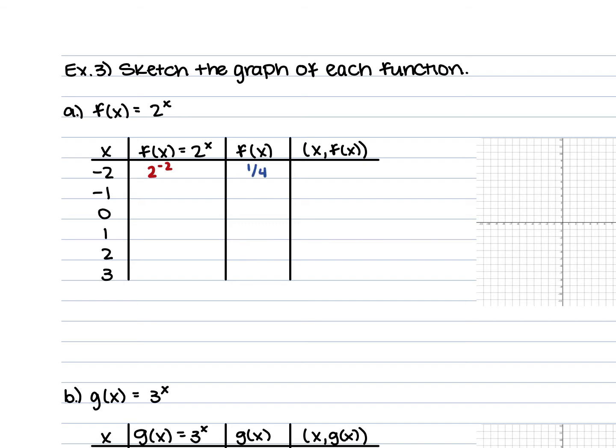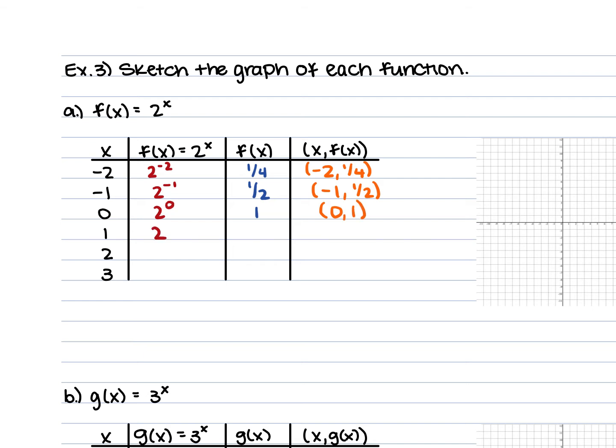So this is the ordered pair, negative 2, 1/4. For the negative 1, that's 2 to the power of negative 1, which is just 1/2. And that's the ordered pair, negative 1, 1/2. Then we have 0. Anything to the power of 0 is 1. So that gives us 0, 1.